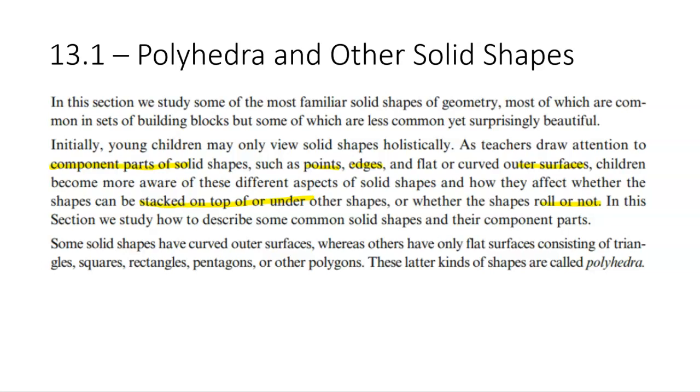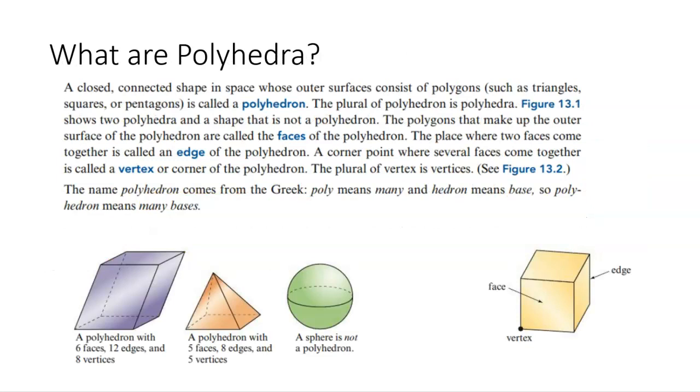Some solid shapes have curved outer surfaces, whereas others have flat surfaces consisting of triangles, squares, rectangles, pentagons, or other polygons, and that is what we call polyhedra. So what are polyhedra? They're closed, connected shapes in space whose outer surfaces consist of polygons.